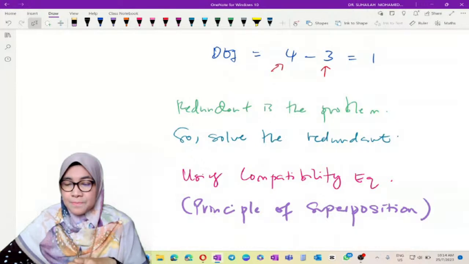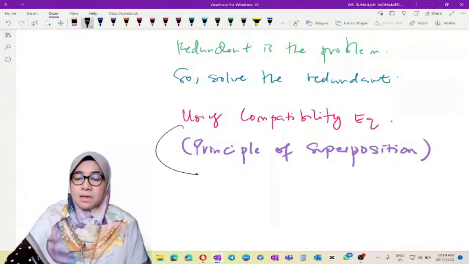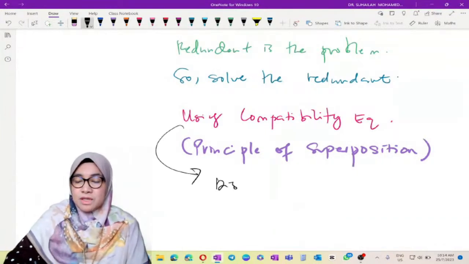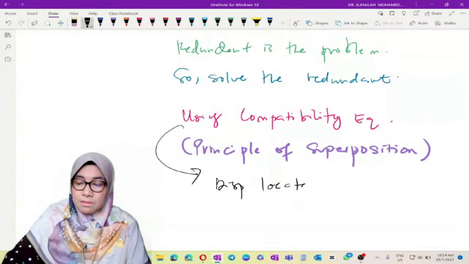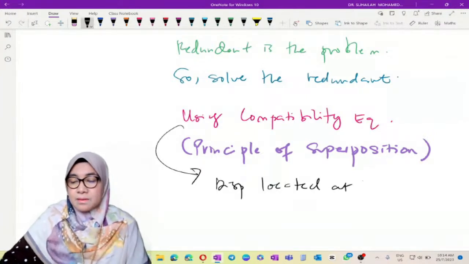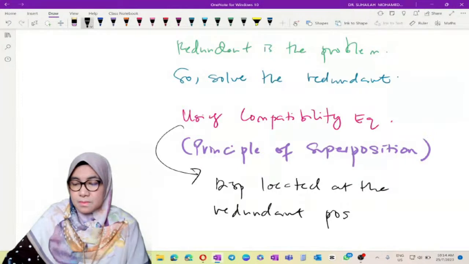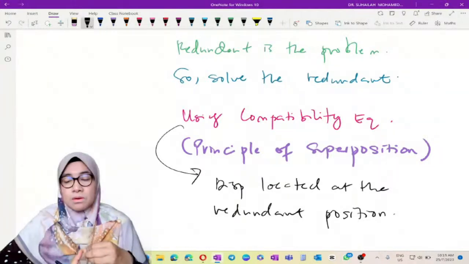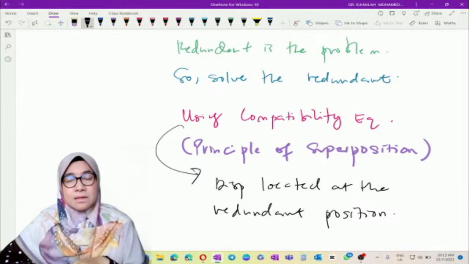This is based on the displacement located at the redundant position. So we write the compatibility equation based on displacement that is located at the redundant position.